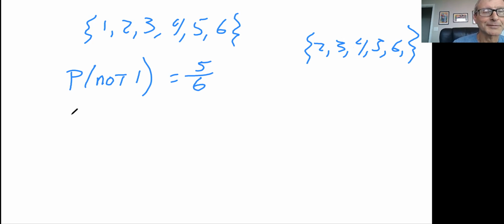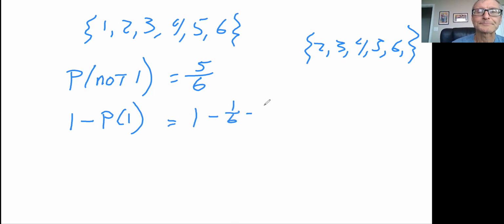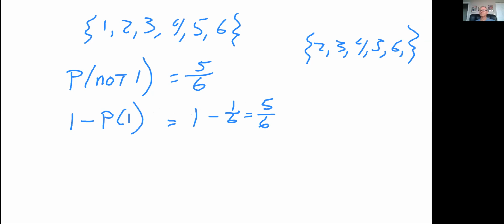Another way to do this is 1 minus the probability of actually rolling the 1, which is 1 over 6. And that ends up being 5 over 6 as well. Sometimes it is much easier to do this complement, as the book calls it, than to calculate the actual probability of the not function.